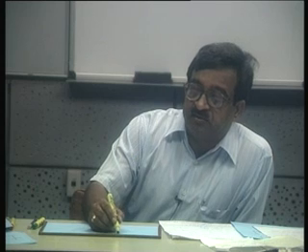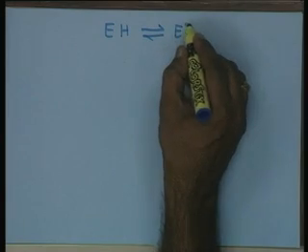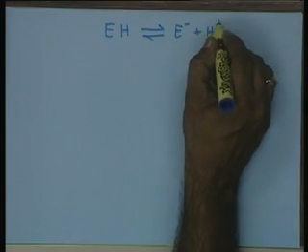Now, let us take the simplest case of the effect of pH. As in the first case, assume that the enzyme possesses only one ionizable amino acid residue, and its ionization can be written as EH going to E minus plus H plus.